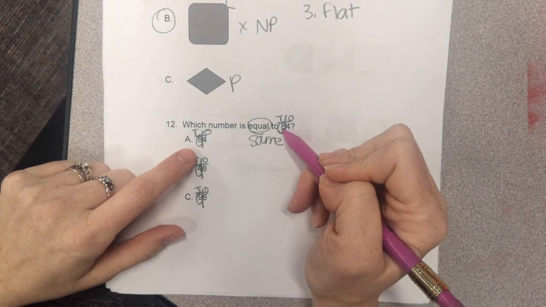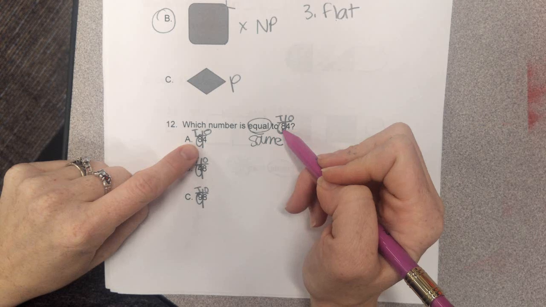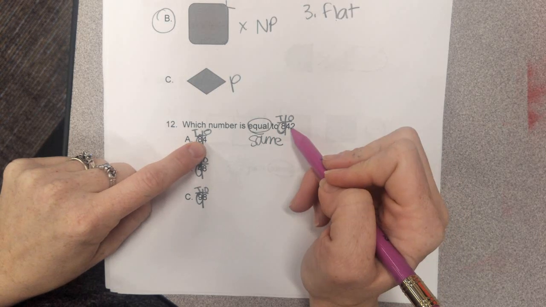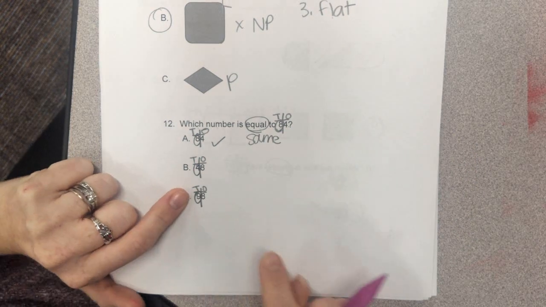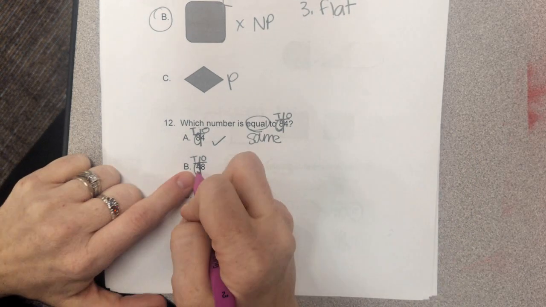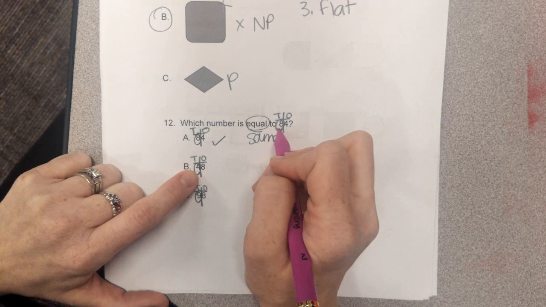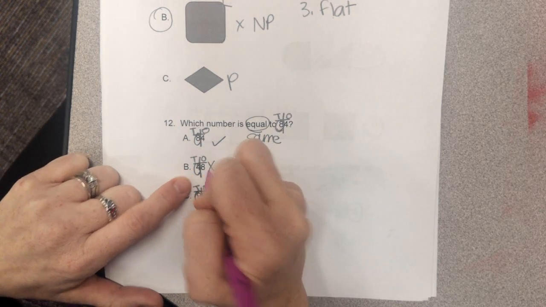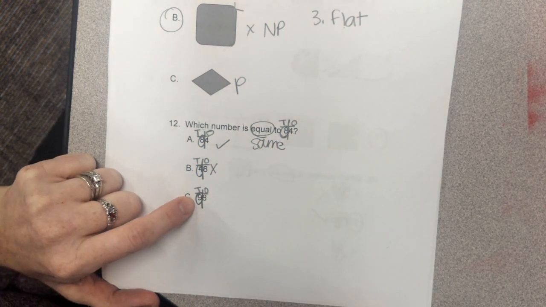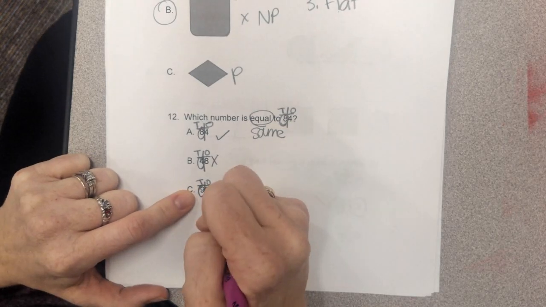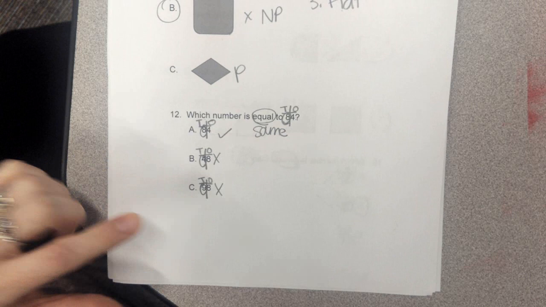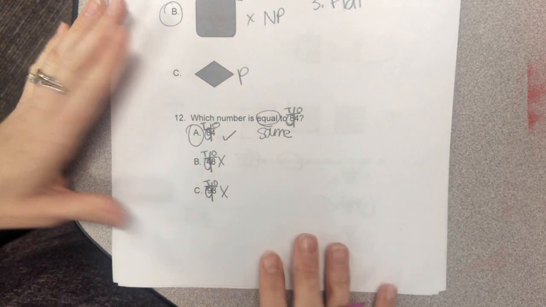So I'm looking for 8 tens. 8 tens, 8 tens, yes. 4 ones, 4 ones, yes. A looks good. Let's check B. 4, 8. No, that is not the same. 9 and 8. Nope, not the same. So my only good answer is A.